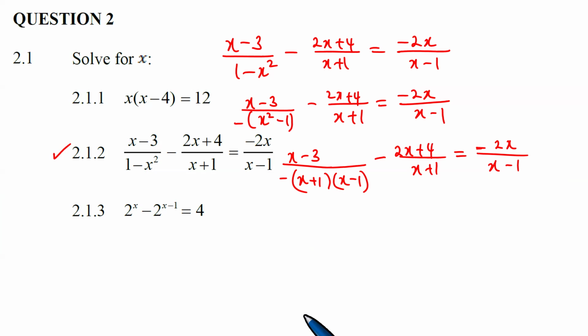Then we write x minus 3 minus 2x plus 4 equals negative 2x. And then we write x minus 3 minus 2x plus 4, minus 2x plus 2x because we bring it across as positive. And then x minus 2x plus 2x minus 3 plus 4.